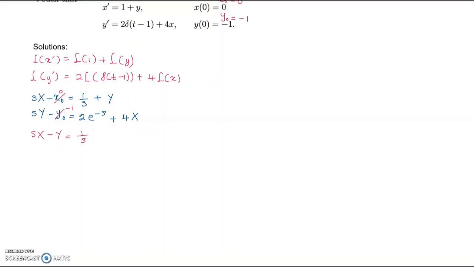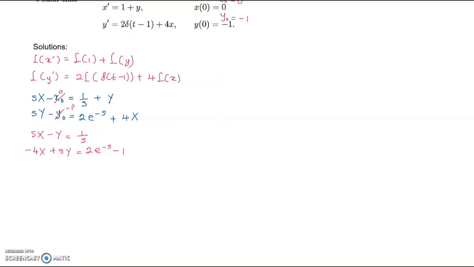And for the second equation, put the 4X on the left, so it is negative 4X now, plus sY. At the right, terms without the x and y, so we have 2 exponent negative s minus 1.